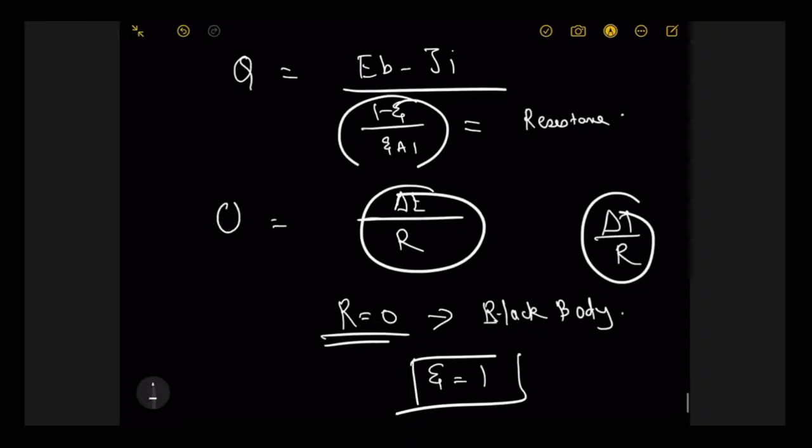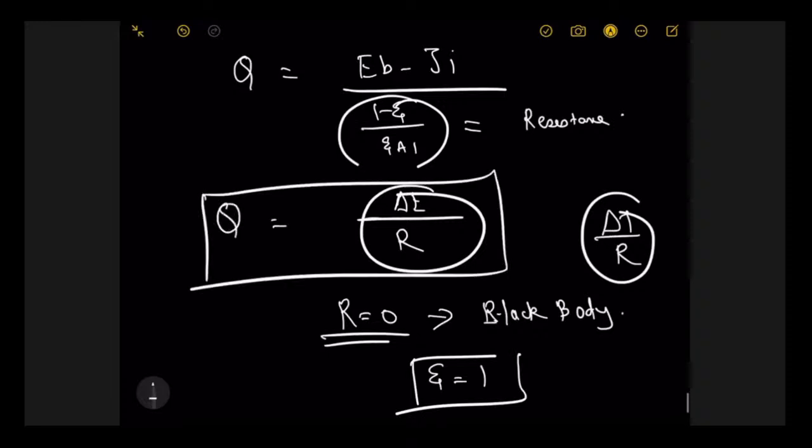Okay. So this is for a gray body. Normally we treat the black body as the ideal body. A gray body is any body which is in contact with the atmosphere; we consider that body as a gray body. Okay. So write this.